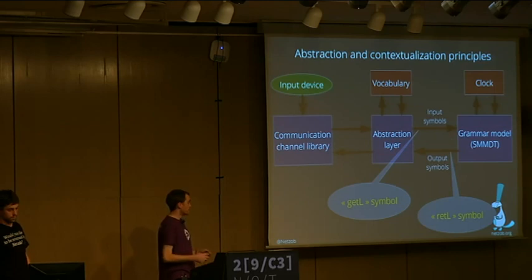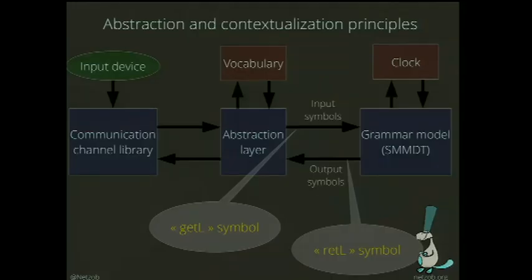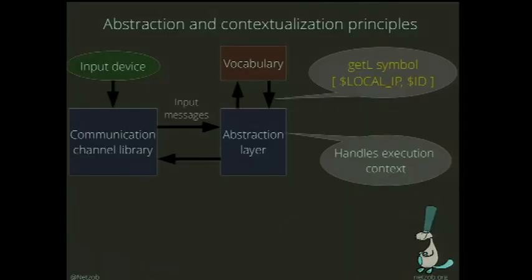And this grammar model tells us that if we receive the getL symbol, we have to send the retL symbol. So thanks to the model, we can send the retL symbol, but first we have to contextualize it.